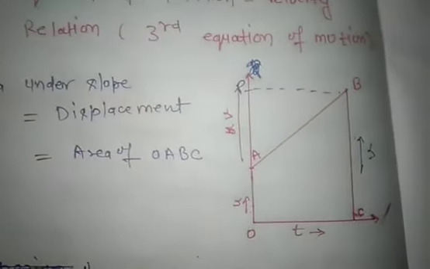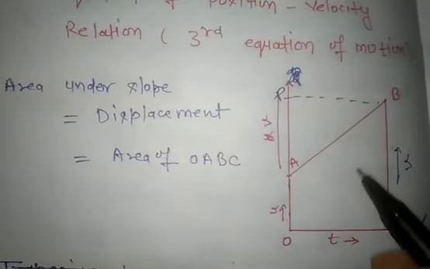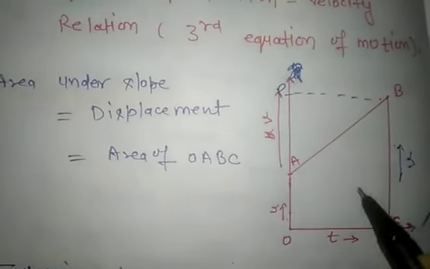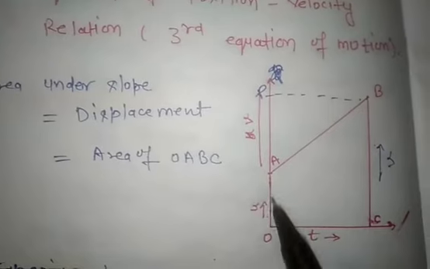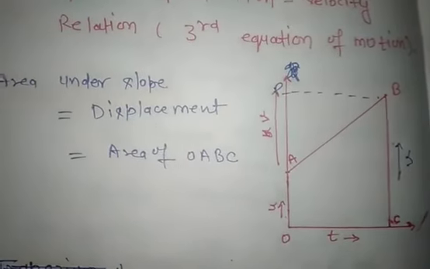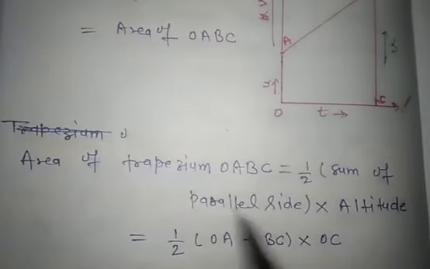total displacement traveled by the object, which is equal to the area under the slope. That means the area of trapezium OABC. Now use the different formula from the second equation of motion.